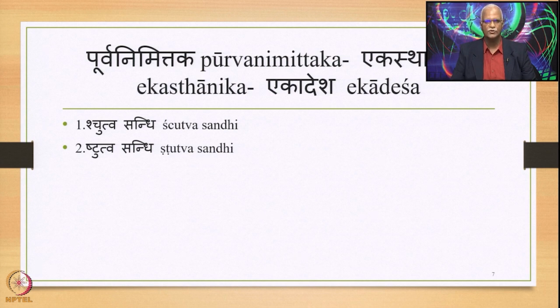So Shchuna and Shtuna indicated that Shchu and Tu could be the Purva Nimittas as well as the Paranimittas. And so Shchutva Sandhi was studied in these two manners, Purvanimittaka Ekasthanika Ekadesha and also Paranimittaka Ekasthanika Ekadesha. So two instances were studied as far as Purvanimittaka Ekasthanika Ekadesha is concerned, namely Shtutva Sandhi and Shtutva Sandhi.